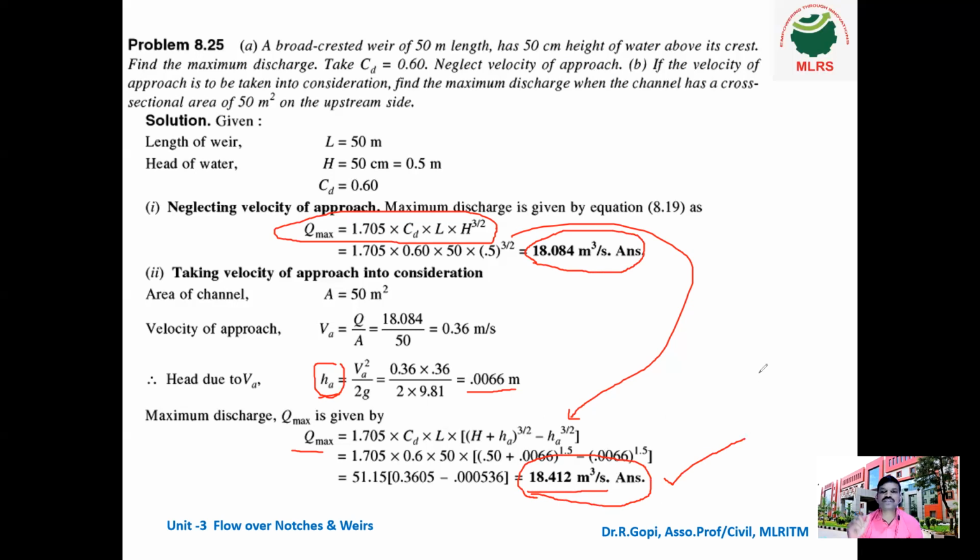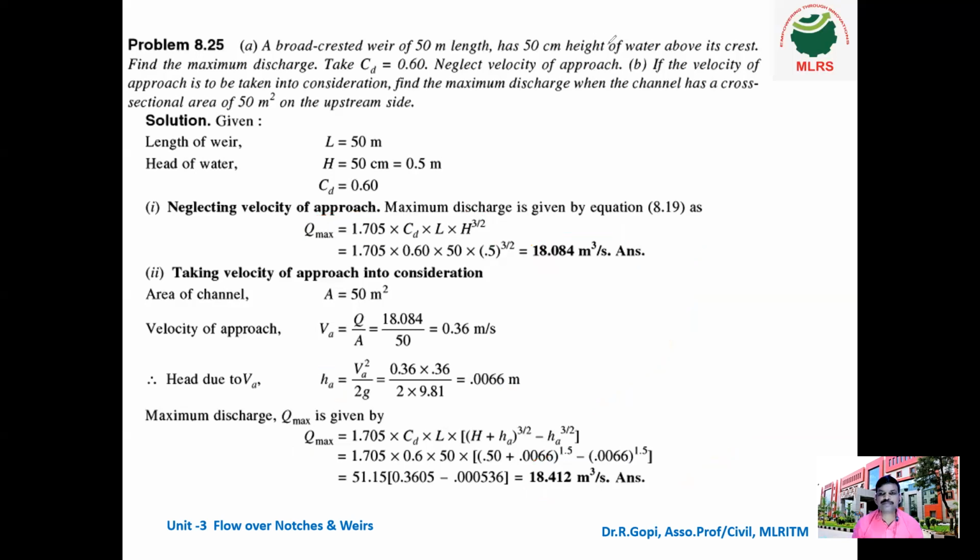Taking velocity of approach gives the accurate result. The first is only the approximate discharge. 18.412 is the correct answer. So this is the simple problem on a broad-crested weir, considering velocity of approach and without considering it.